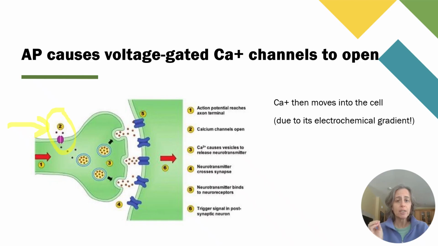Then calcium is going to move according to its electrochemical gradient, which in this case is inside the cell. So let me change here. Calcium is going to move inside the cell. I meant to use purple so that it matched, but I didn't. Now, that calcium present inside of the cell is then going to trigger the next series of actions.